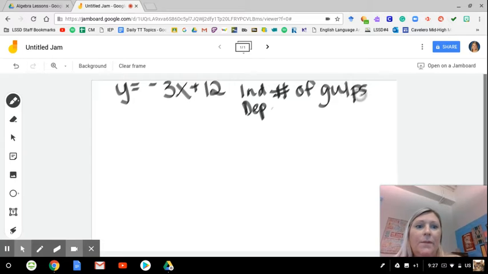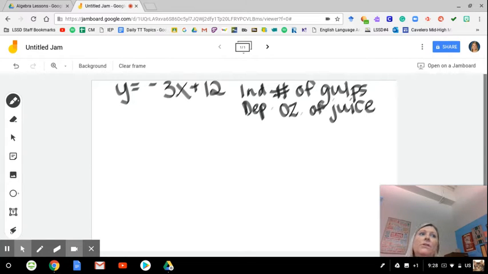Dependent variable says it represents the amount y in fluid ounces of juice remaining. So let's say ounces of juice for our dependent variable. That's identifying what they mean. So you just need to look in your story and find it.